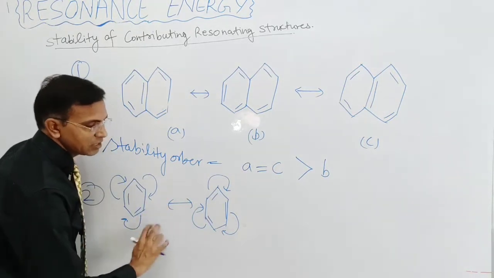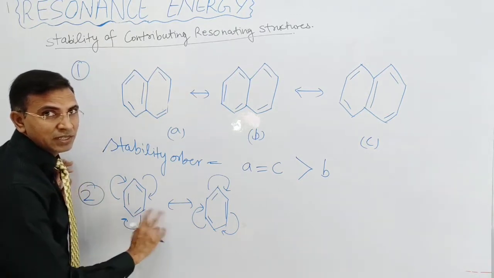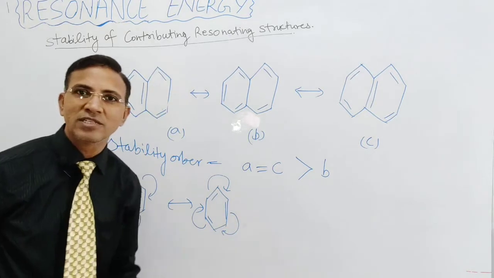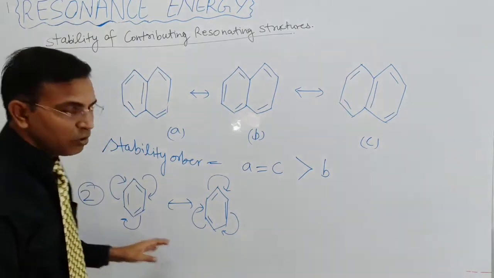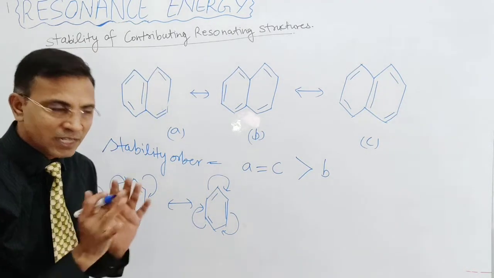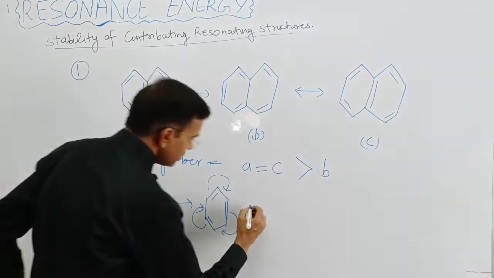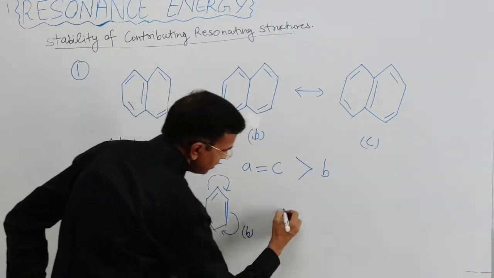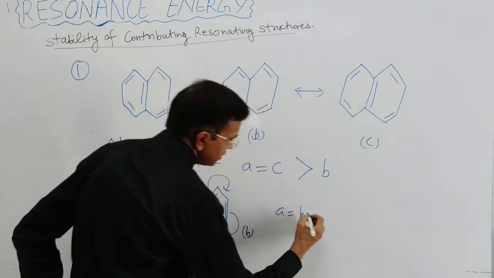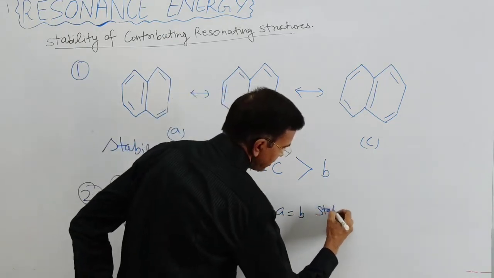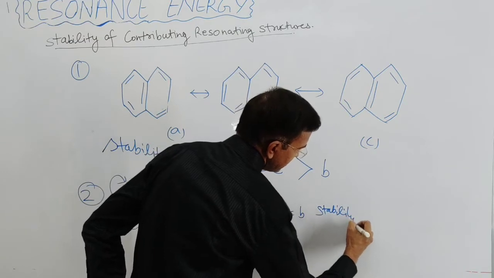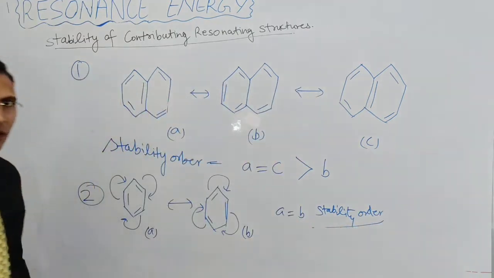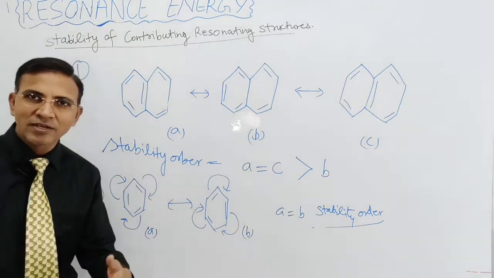They are the same structures, so that means they possess the same resonance energy. That means both are equally stable. That means A is equal to B, stability order. Right? Now move to the third question.